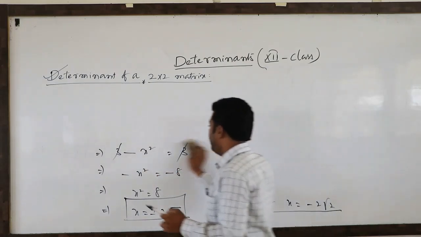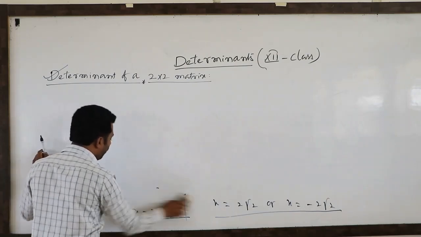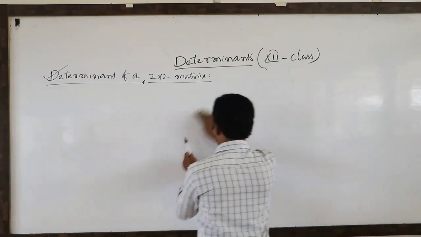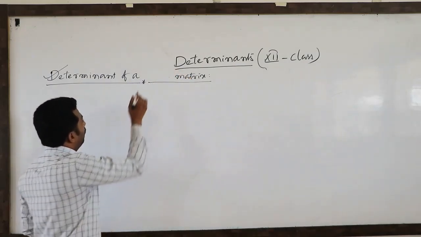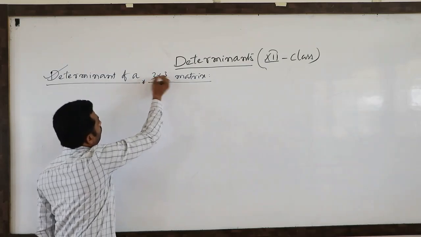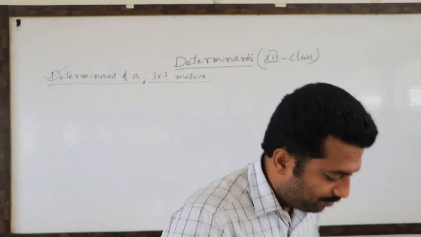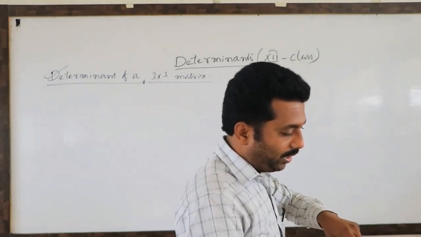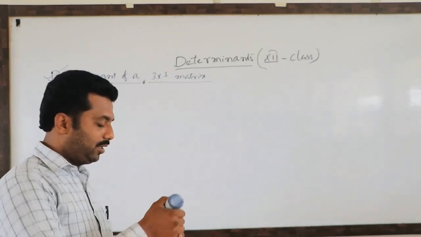We are going to see the determinant of a square matrix of order 3 by 3. Actually the 3 by 3 concept, after minors and cofactors, if we tell, you can understand.